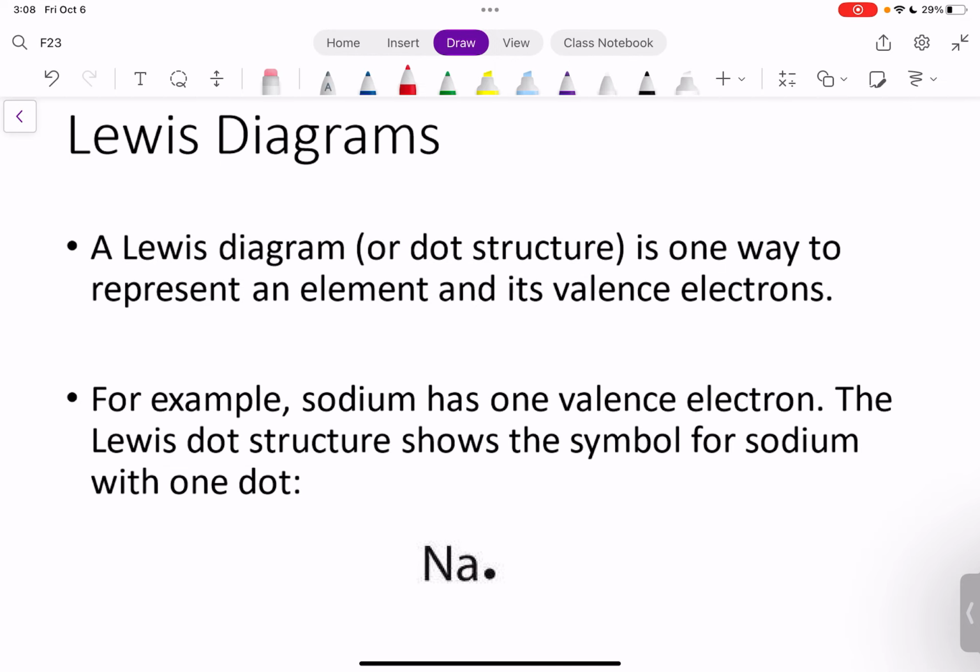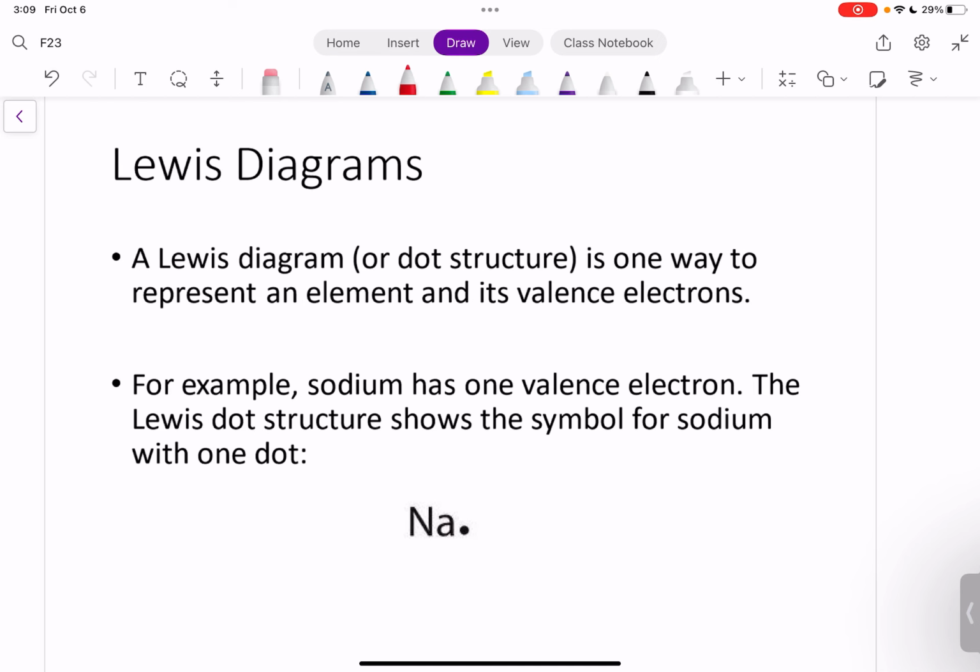All right, so what if we don't want to draw out that huge picture of what's going on with bonding? Well, that's when Lewis diagrams come in. It's another way that we can represent an element with its valence electrons only. Okay, so looking at this example for sodium, when you look on the periodic table, sodium has 11 protons.